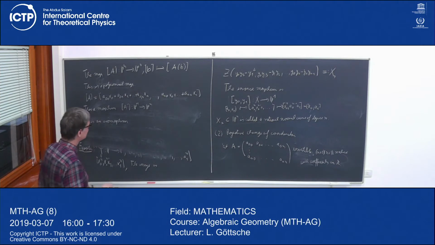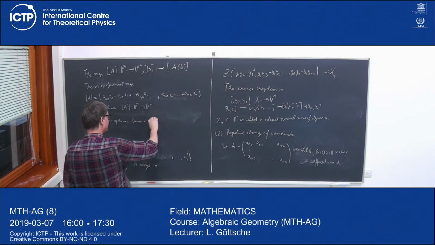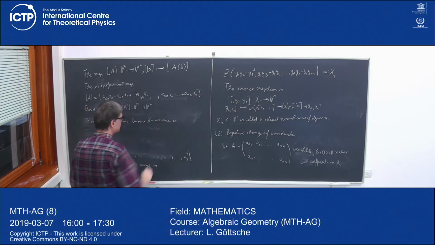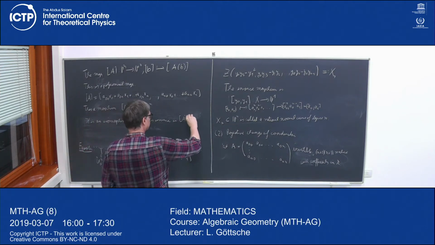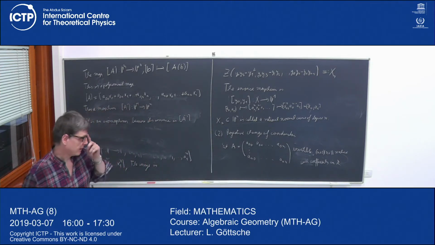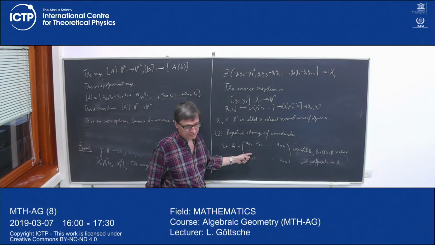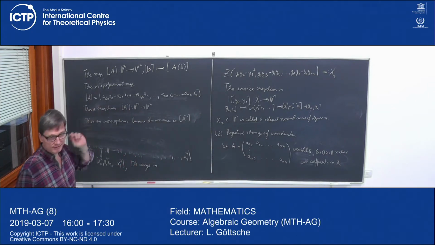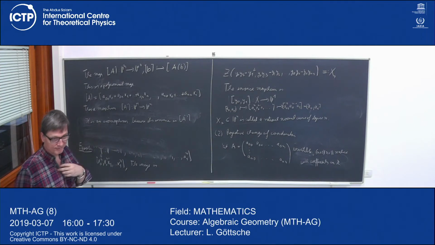Okay, so this is an isomorphism because its inverse is given by the inverse matrix. You see, I need invertibility even for this to be a morphism, not just for it being an isomorphism, because there should be nothing in the kernel.